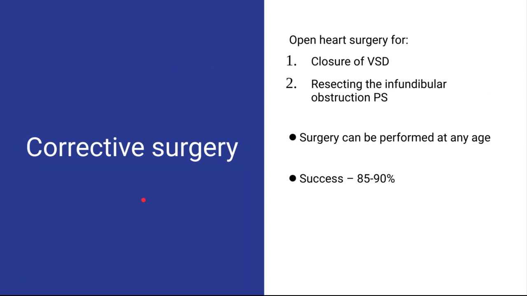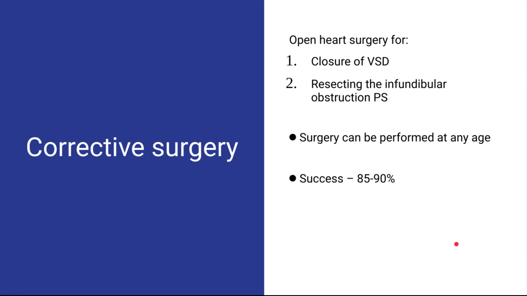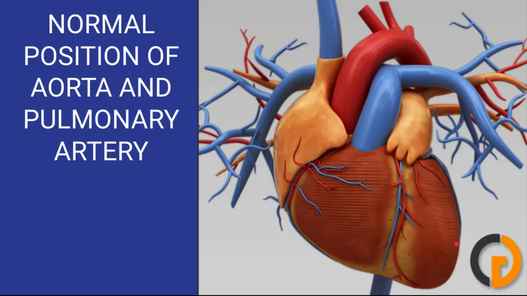Then corrective surgery includes closure of the VSD and resecting of infundibular obstruction of pulmonary stenosis, and surgery can be performed at any age, and success rate is good, up to 85 to 90%.